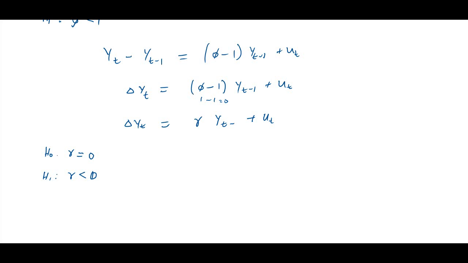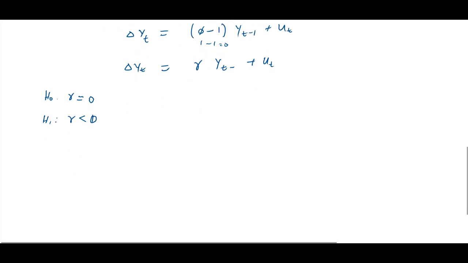The first contains a constant in the random walk process, and we can write the equation as follows: delta yt equals alpha naught, which is basically the constant term that we have introduced into our model, plus gamma yt minus 1.